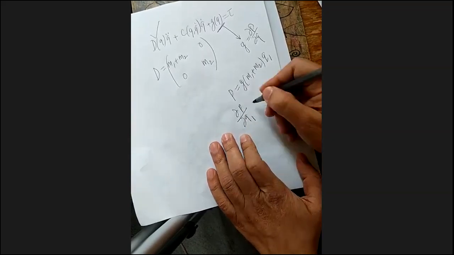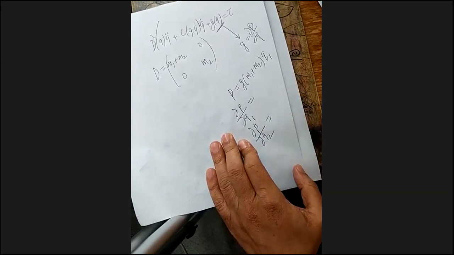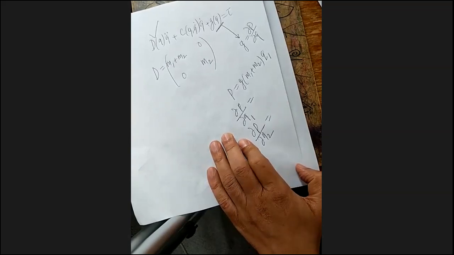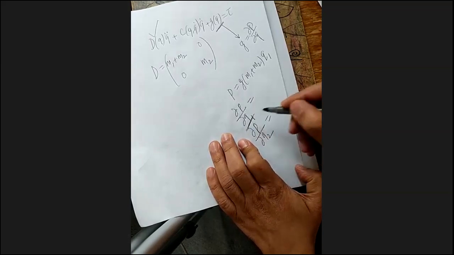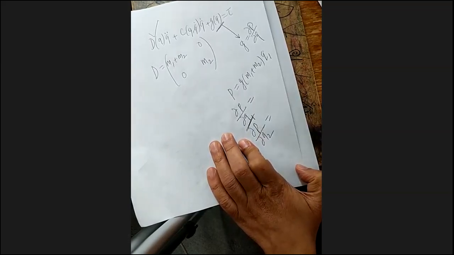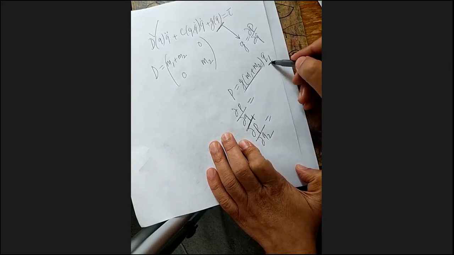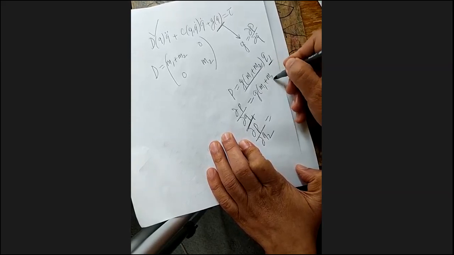You have to find dP over dq1 and dP over dq2. What is your dP over dq1? All of these things are constant: g, m1, m2. So you just take the derivative of q1 and get the constant g (m1 plus m2). That's my dP over dq1.